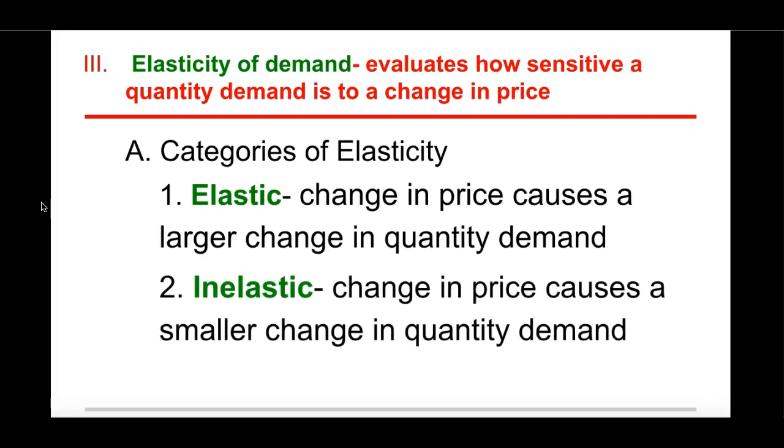Inelastic, on the other hand, is when a change in price causes a smaller change in quantity demand. So with inelastic, these are going to be things where the price changes and people react a little, but not so much, because these are things that people are going to buy basically no matter what, right? For example, have your parents ever sent you to the store to buy milk? Probably.